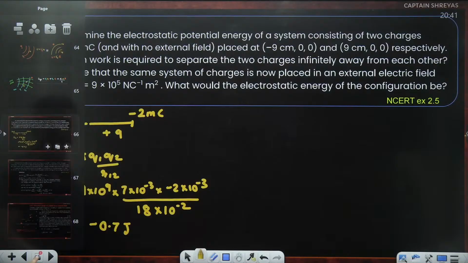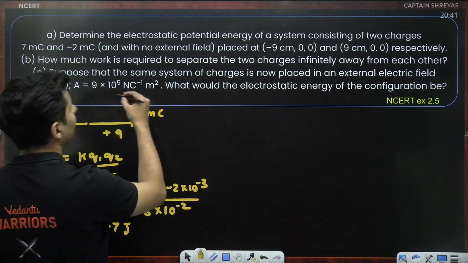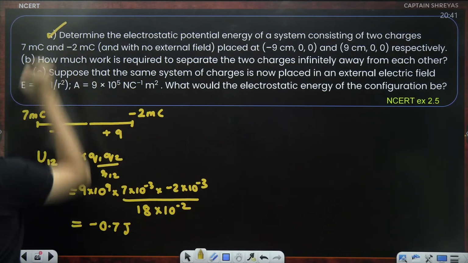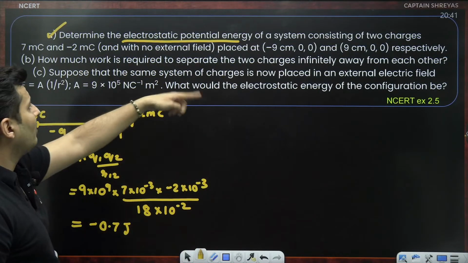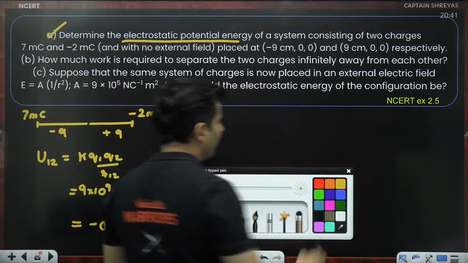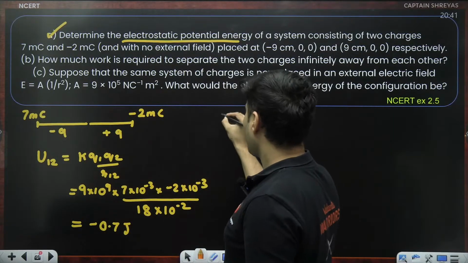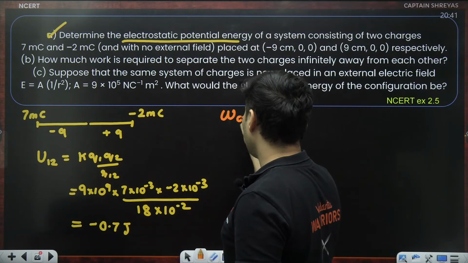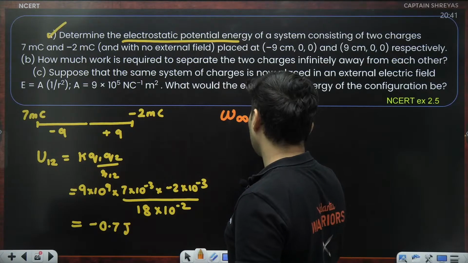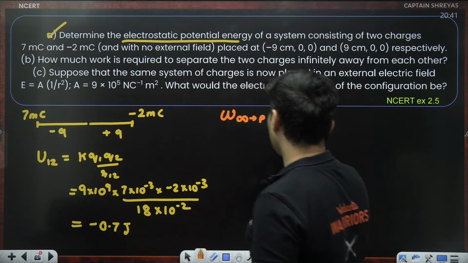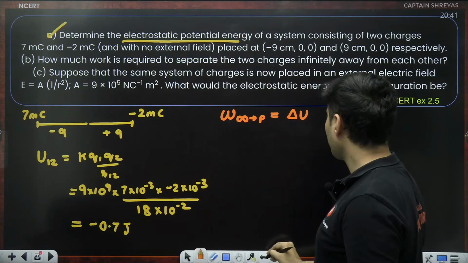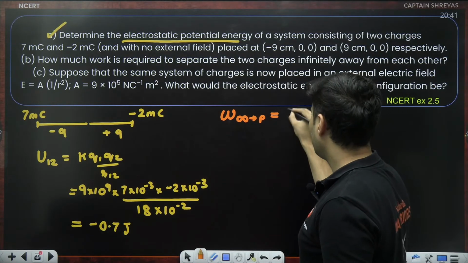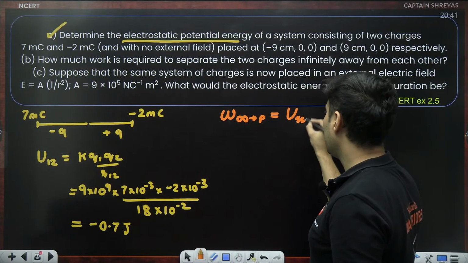Now the second part of the problem says, how much work is required to separate the charges infinitely away from each other? Remember, the work done to bring it from infinity to that particular point is basically the change in potential energy of the system, or basically the potential energy of that particular system.